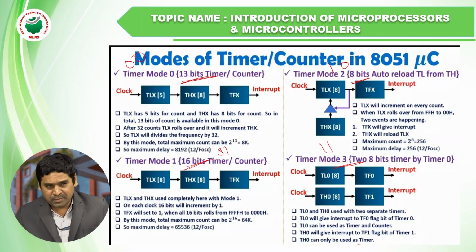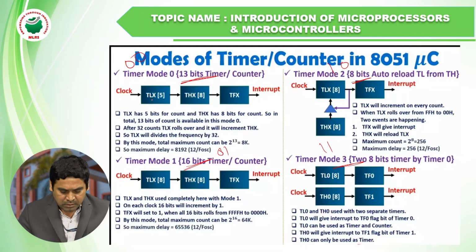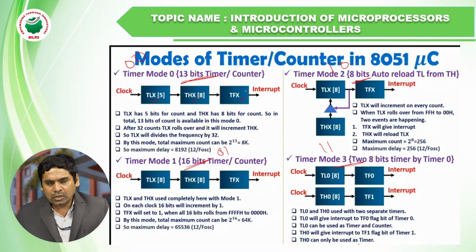In TL, the L represents the lower bits, H represents the higher bits, and TF represents the timer overflow interrupt flag, either 0 or 1. X in this block represents either 0 or 1. I am talking only about timer 0. In mode 0, the lower bits have 5 bits and the higher bits have 8 bits, total 13 bits.